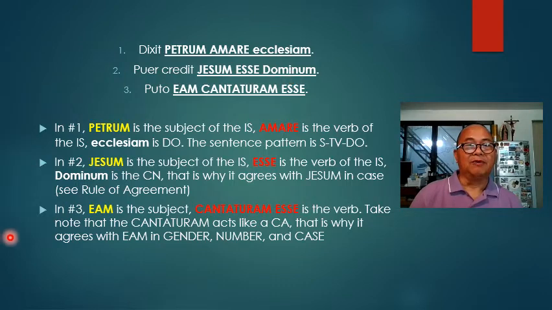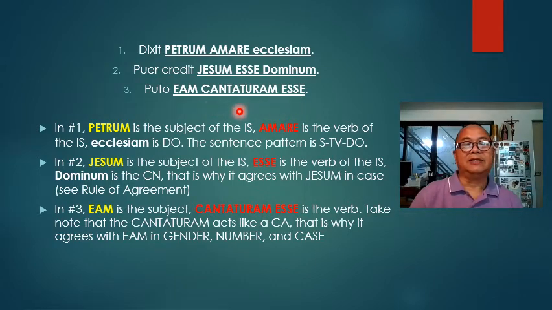In the third example, eam cantaturam esse. So eam is a pronoun, it is the subject in the accusative case, and it is feminine in gender. Cantaturam esse is the infinitive verb, future active infinitive form.